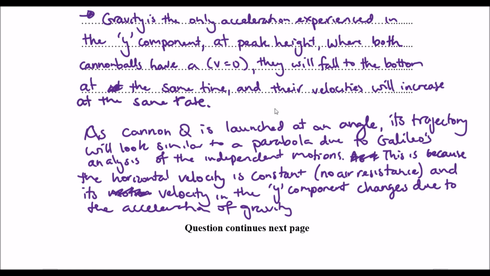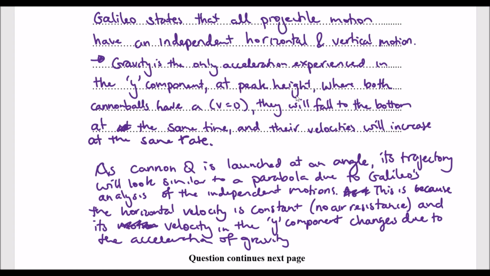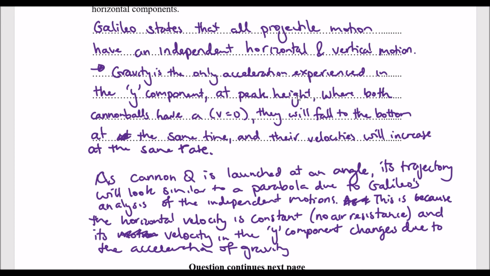So it might be a little bit more than you necessarily require, but this is kind of what we're trying to talk about. So here we explain how the resulting motion supports Galileo's analysis. We can see that they reach the peak height together because they have the same vertical velocity.